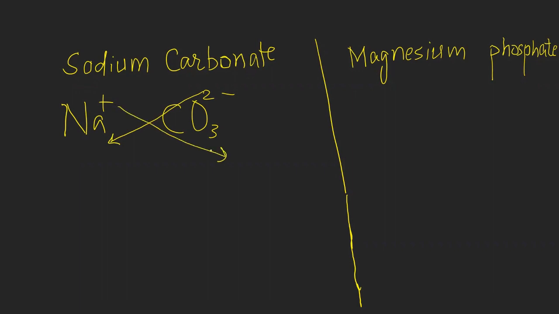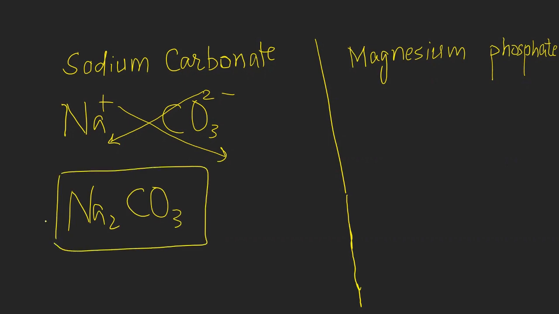Because sodium is a monoatomic cation, we don't need a bracket here. The bracket comes only for multi-atomic cations or anions. So we write sodium and 2. If it was a multi-atomic cation, I would have the bracket there first. And then we write carbonate. Because carbonate is only 1, we simply write carbonate. So this is sodium carbonate.